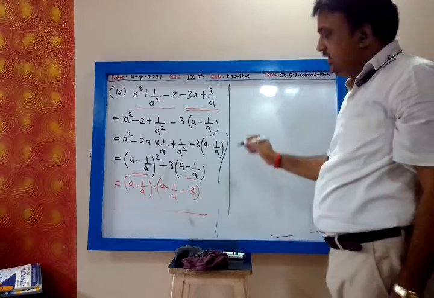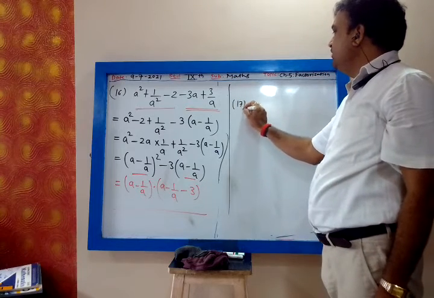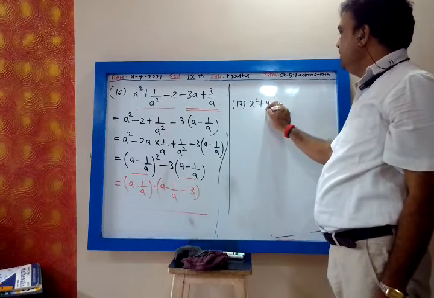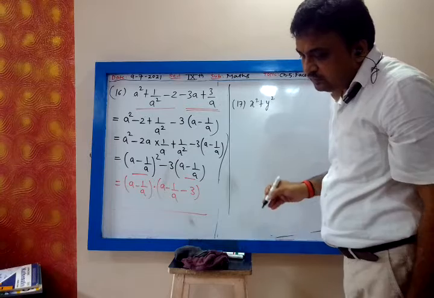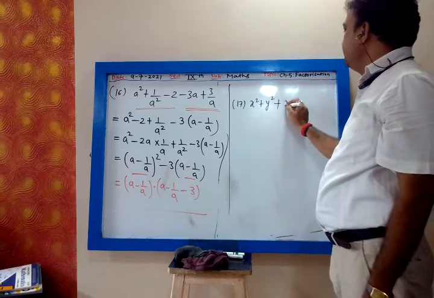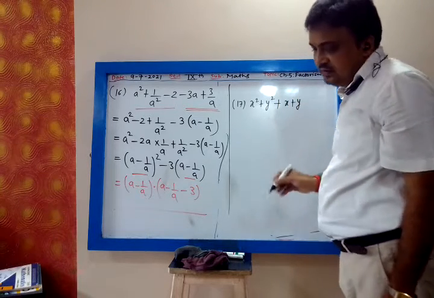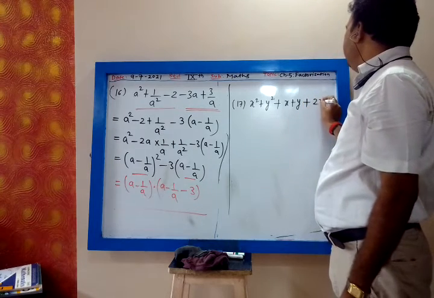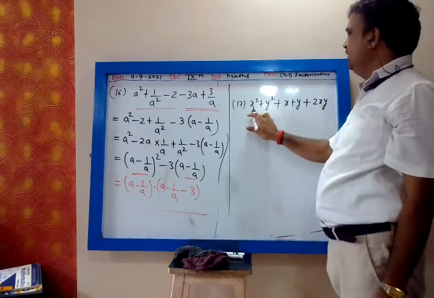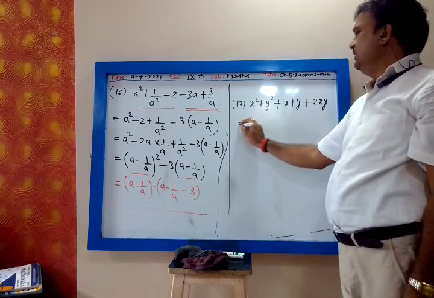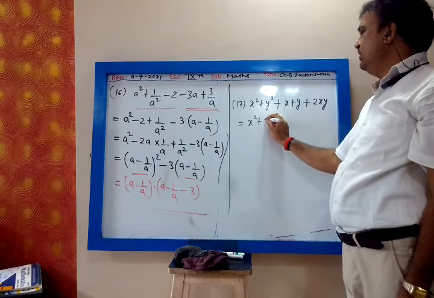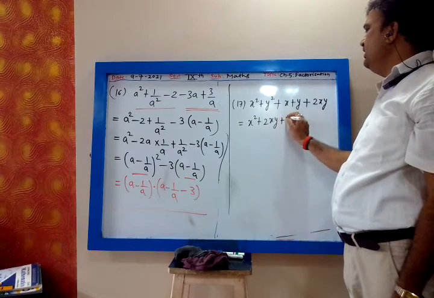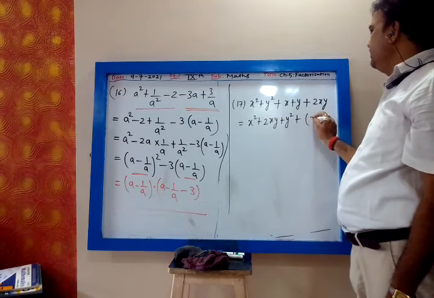Then 17th, x square plus y square plus x plus y plus 2xy. Easy. So this will be x square plus 2xy plus y square, rearrange the terms, plus x plus y.